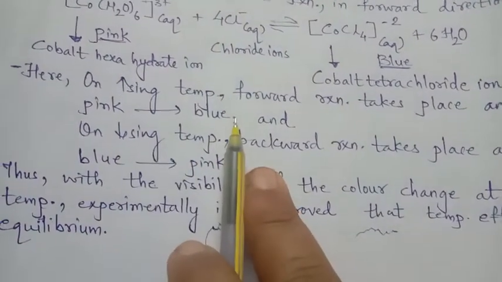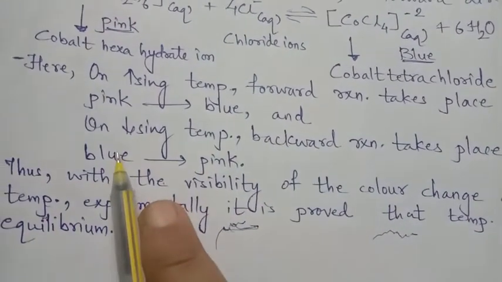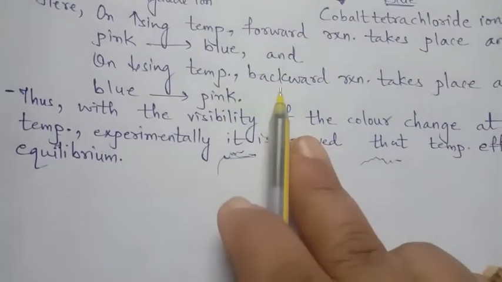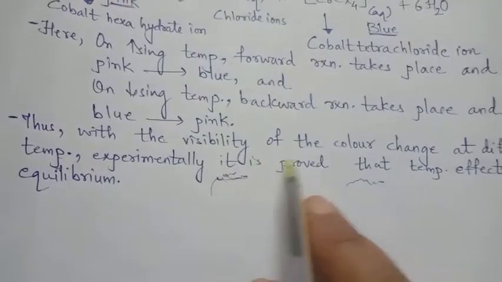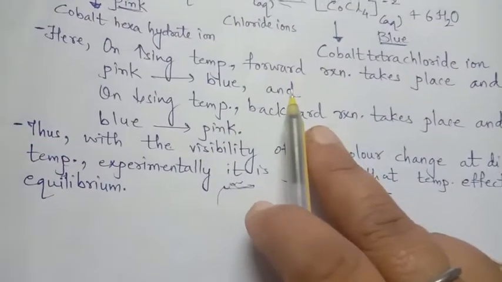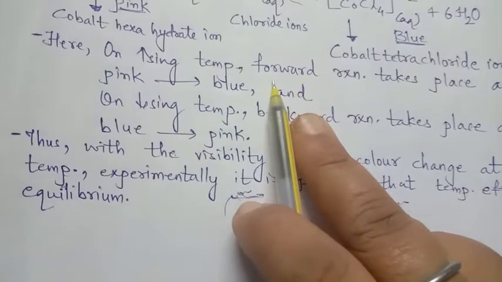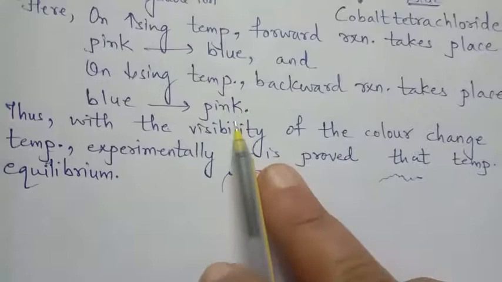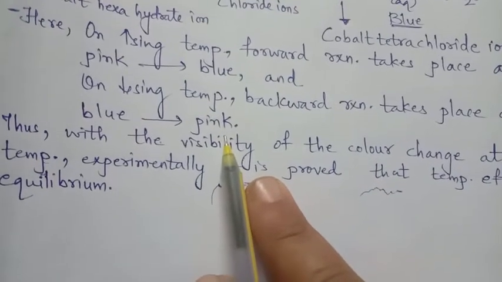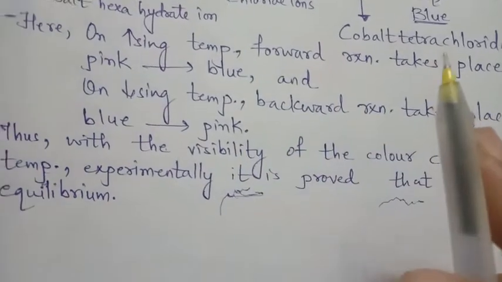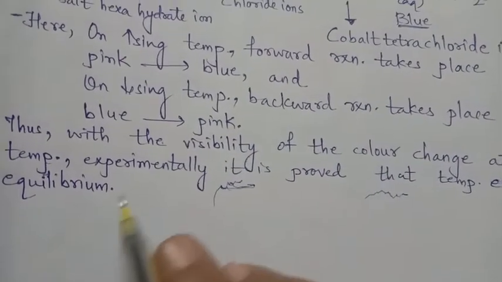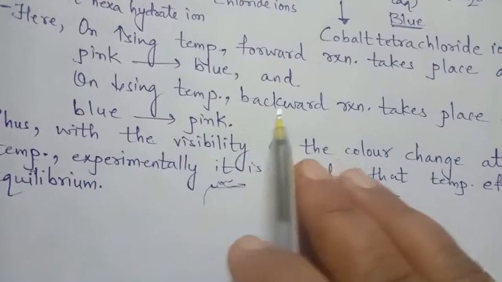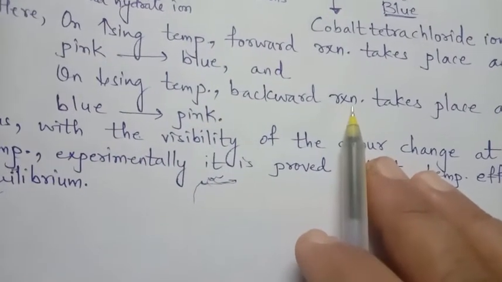Pink to blue with increase in temperature is forward, blue to pink with decrease in temperature is the backward reaction. Thus, with the visibility of the color change, here also we can see, with the increase in temperature, the color change of pink to blue takes place, that is a forward reaction. With the decrease in temperature, the color goes back from blue to pink, and the reaction is now termed as product to reactant, so backward reaction on decreasing the temperature.